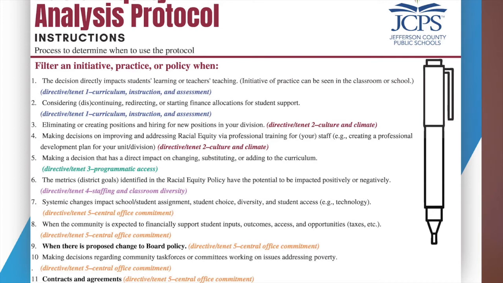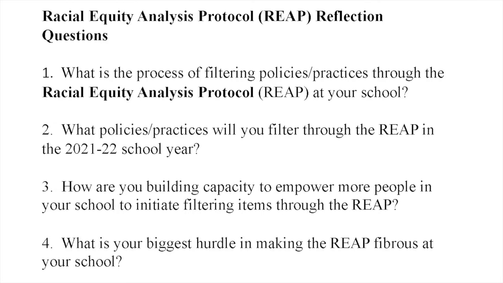This ties directly to Tenet 2, culture and climate. So this is another useful document when filtering things through the REAP and being intentional about connecting them to the racial equity policy tenets.